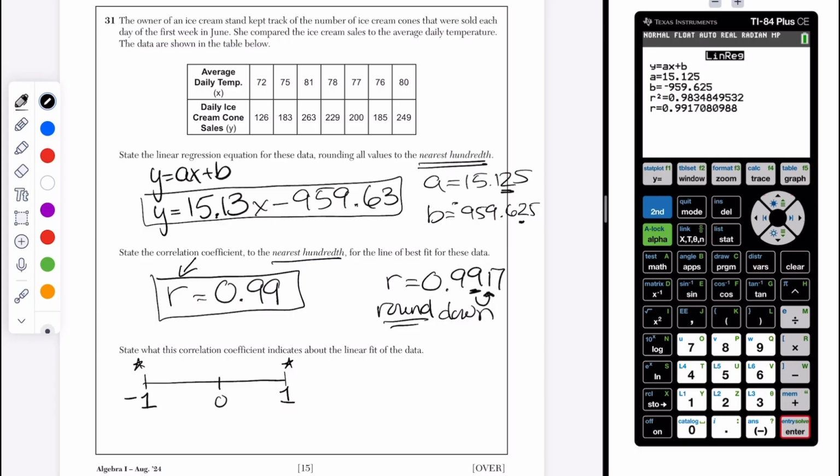So if it's over here, close to here, it will be a strong negative correlation. If it's close to here, it will be a strong positive correlation. Now our R, in this case, 0.99 is very, very close to 1, which suggests a strong positive correlation.